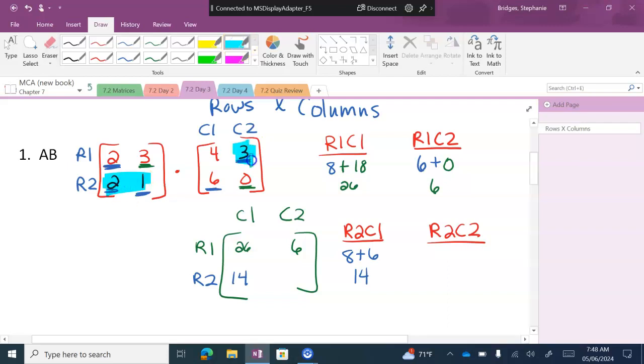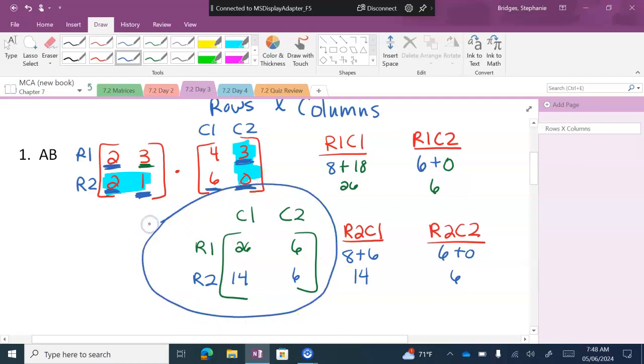So in row 2, column 2, I get 6. So that is going to be the answer.